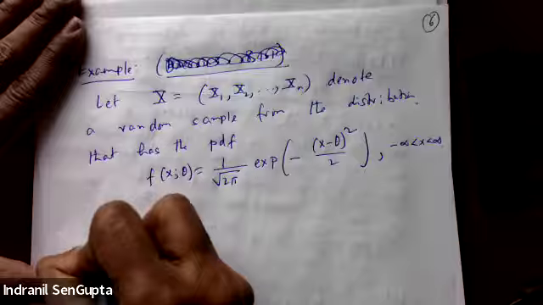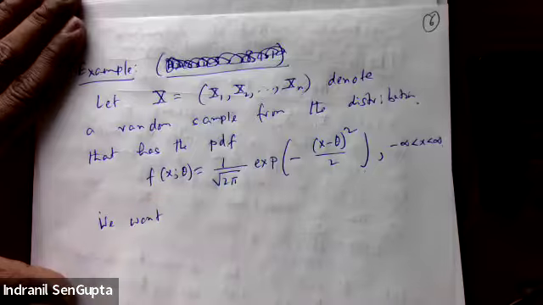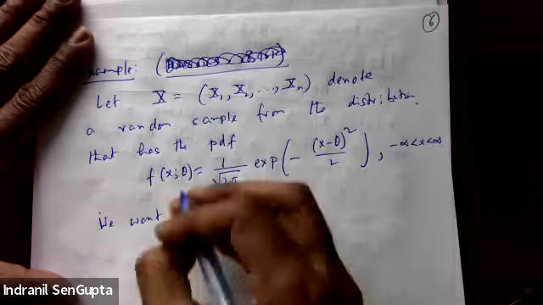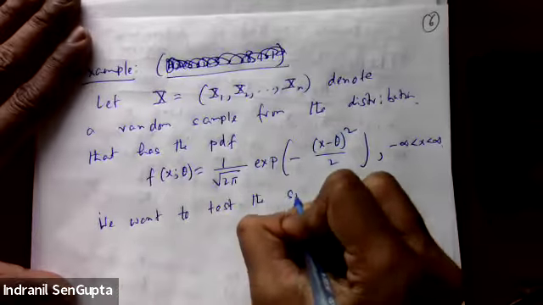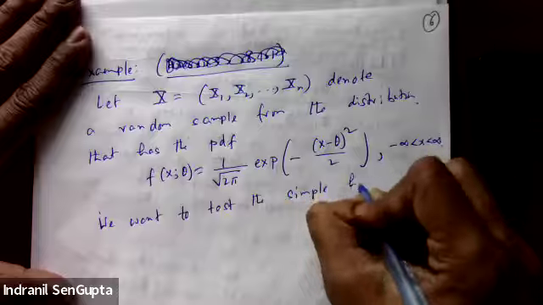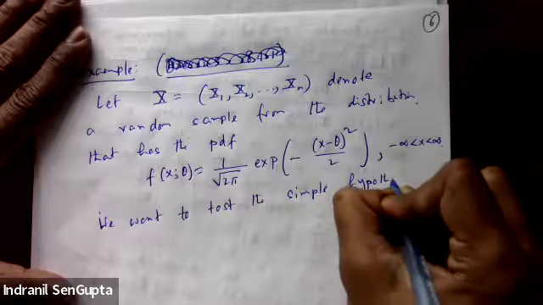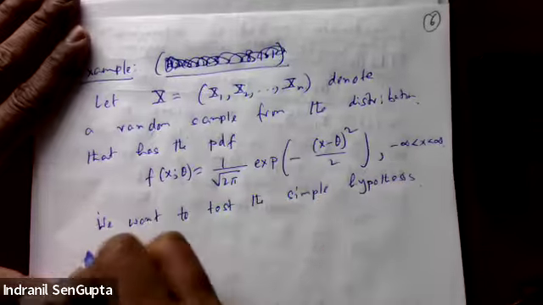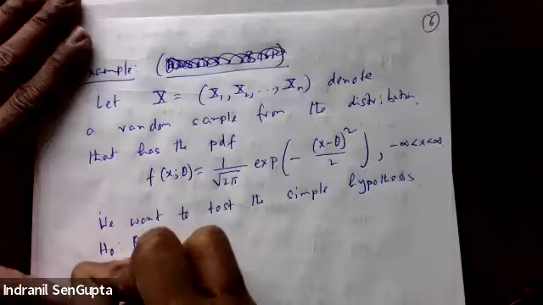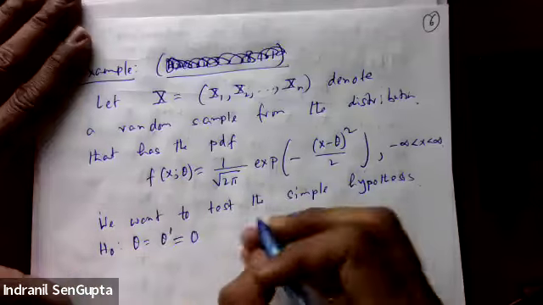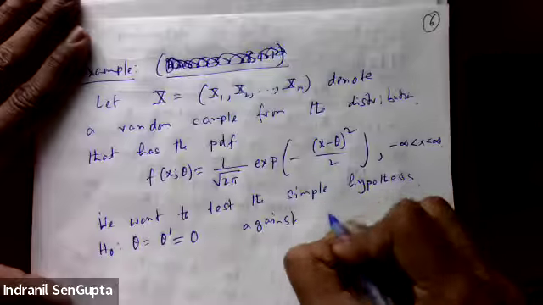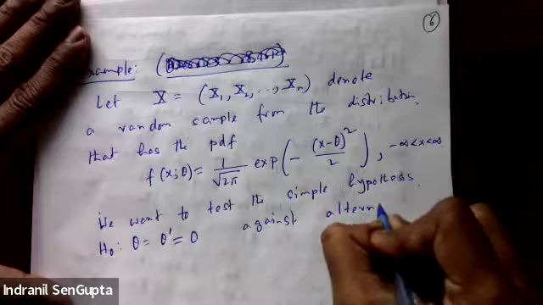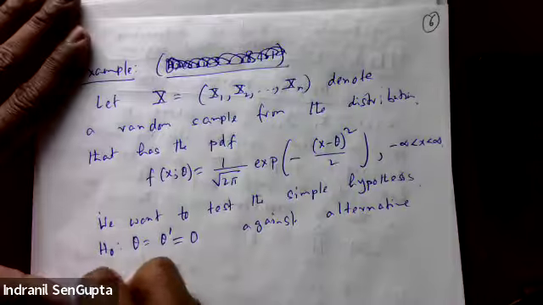So we want to test the null hypothesis, the simple hypothesis H0, which is theta equals theta prime, which is equal to 0, against the alternative simple hypothesis.